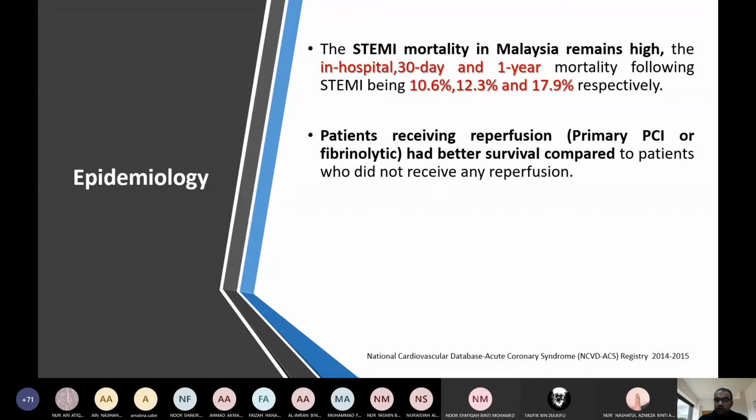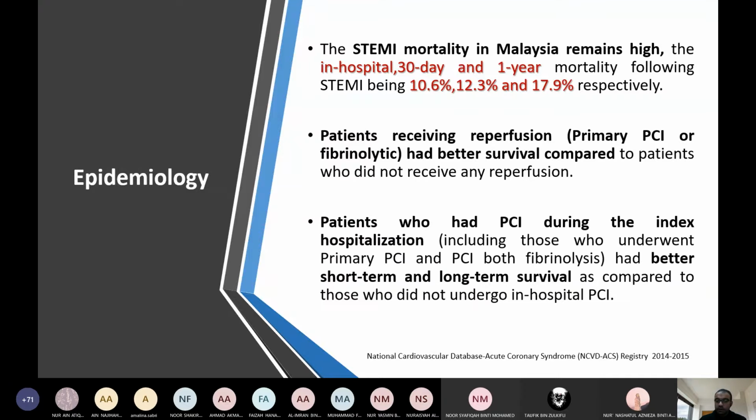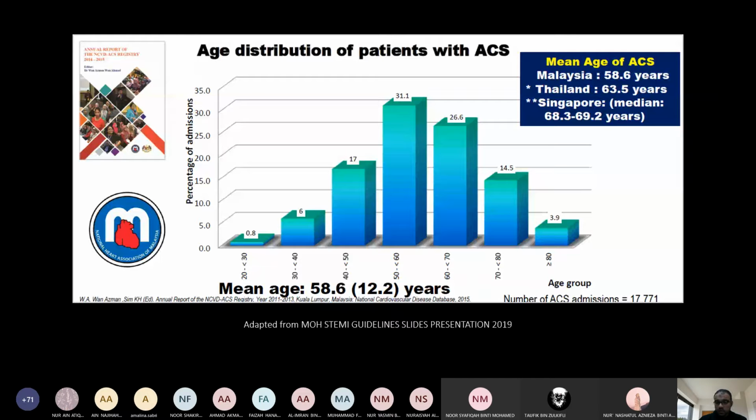We can see that patients with immediate reperfusion in general will have a better chance of survival. The patient who had PCI, the percutaneous coronary intervention, the balloon and stenting, during the index hospitalization will have better short and long-term survival compared to others. This overall data may be governing the epidemiology.